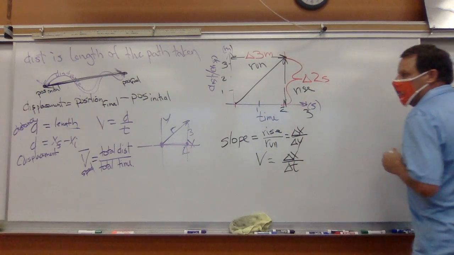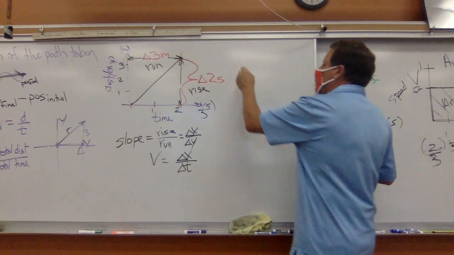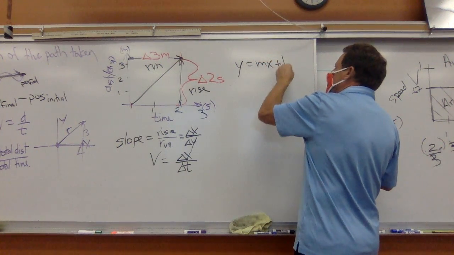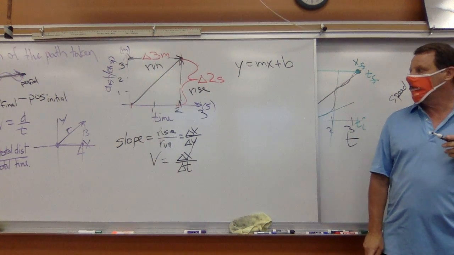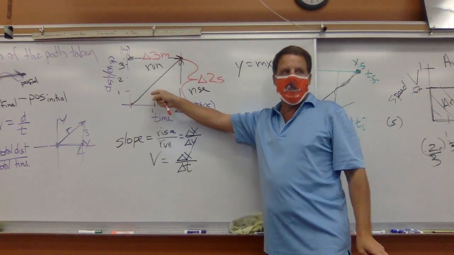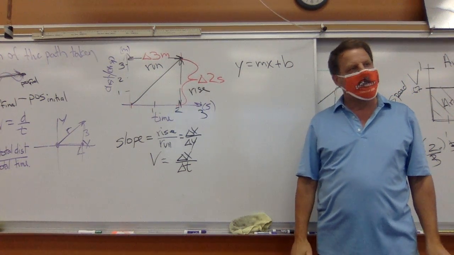Let me give us a little more room over here. If we say y is equal to mx plus b, then according to this graph right here, what is our m?